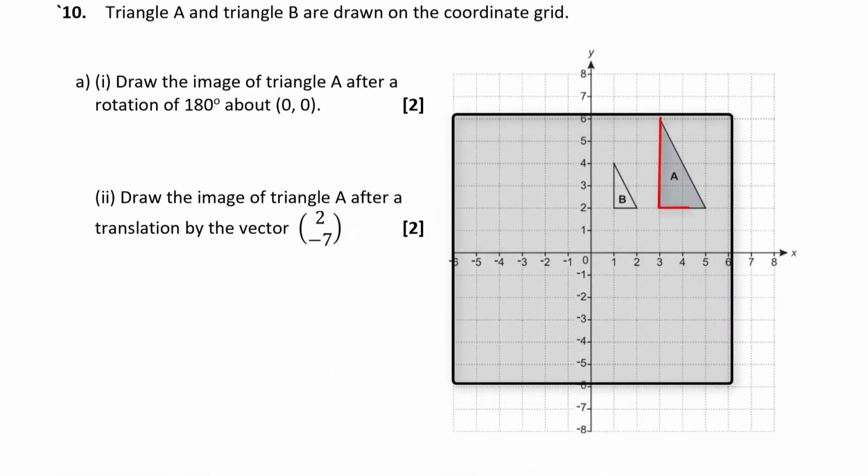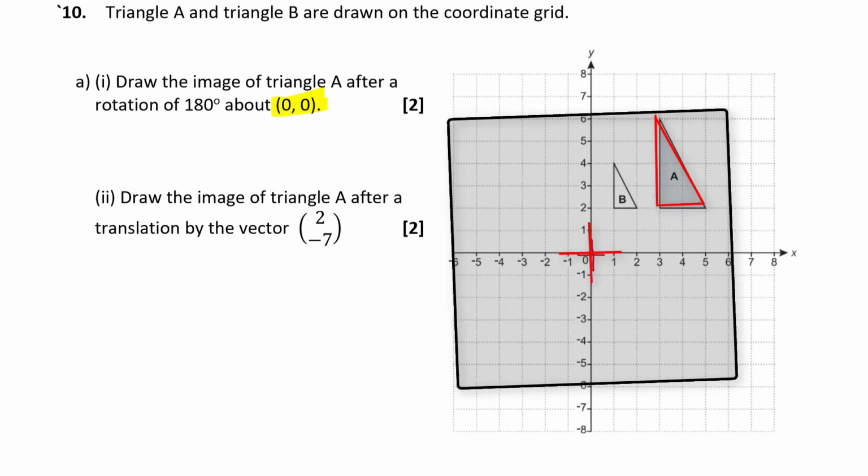Next, what you want to do is to put a little cross where the center of rotation is. At this point here, it's at 0, 0, isn't it? So if you put a cross going through 0, 0, it will help you keep track of your rotations. Then you want to put your pen tip or your pencil tip at 0, 0 and turn the paper round.